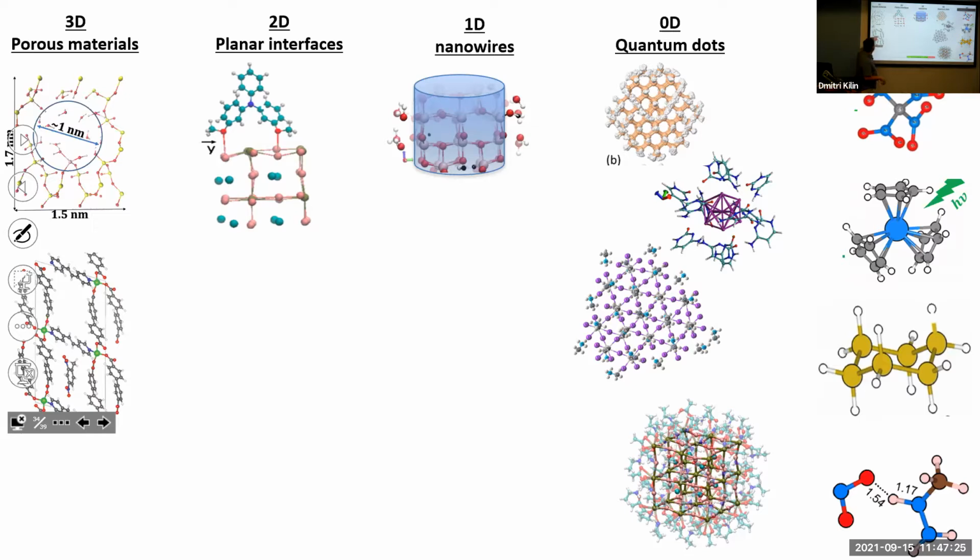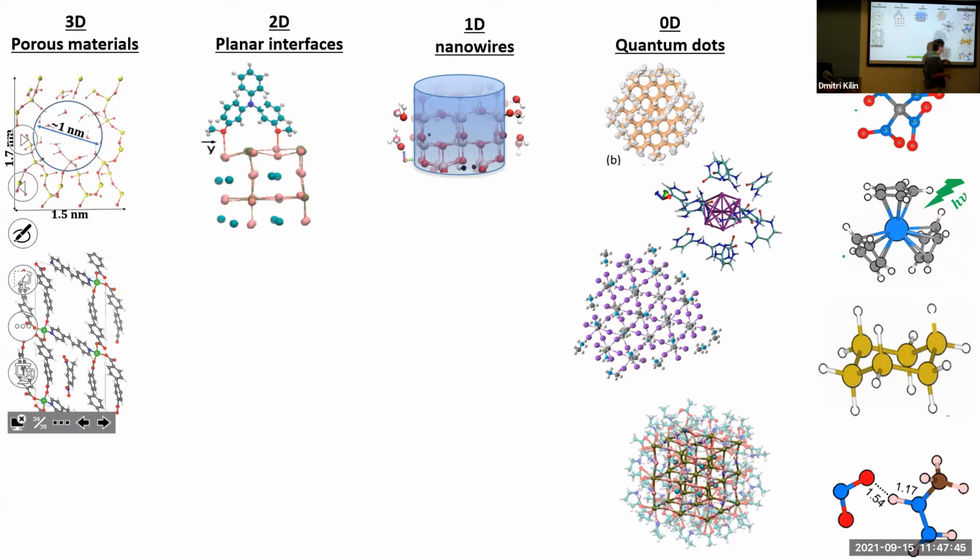So porous materials, metal organic frameworks, metal organic complexes, which are an interface of molecules and solids, nanowires, quantum dots of different shape, where one can have a solid in the middle and an organic shell around.